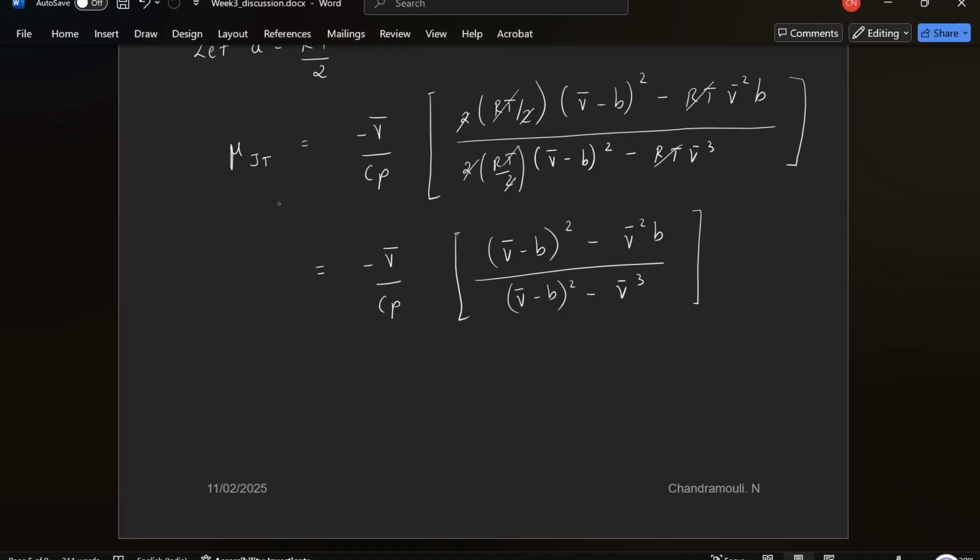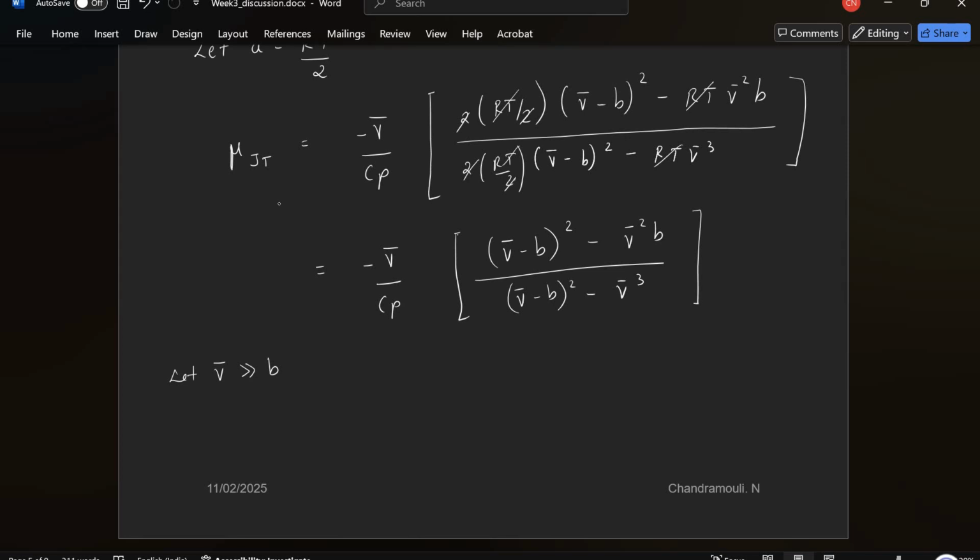What I'm going to do is assume a few things, just for the sake of simplicity. Since the gas expands to a big volume, let V bar be much greater than B. Since it's a big expansion, we'll assume this.